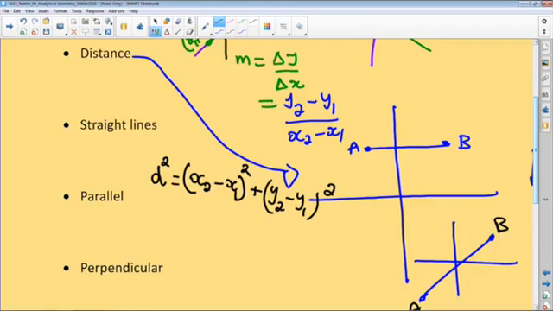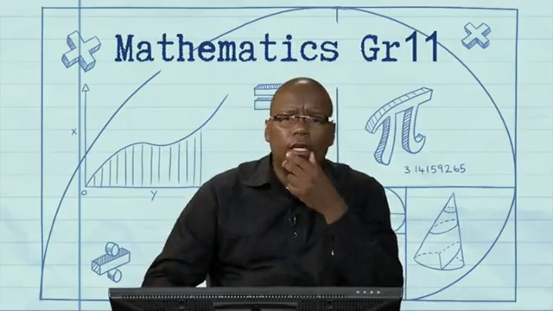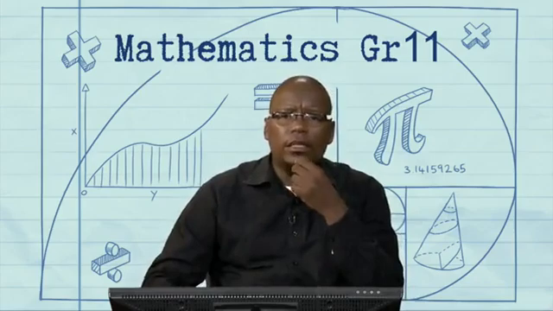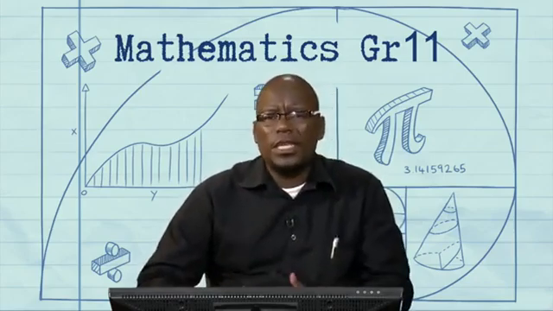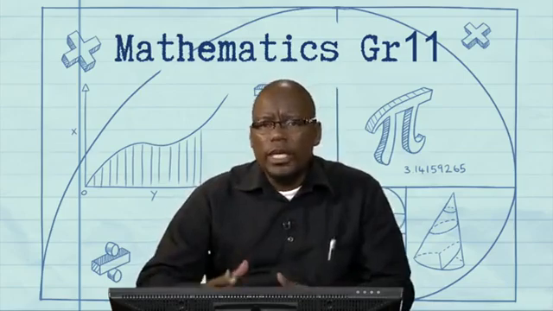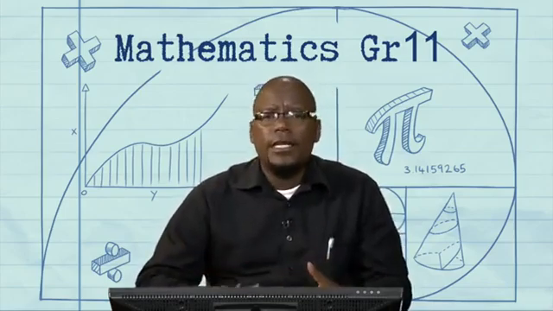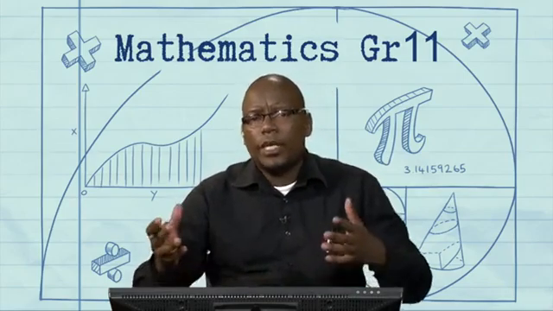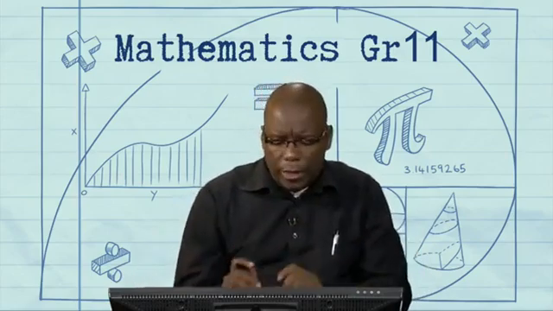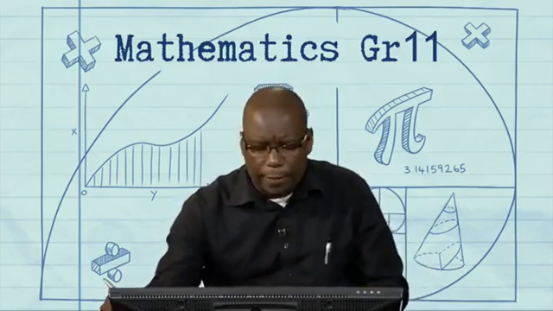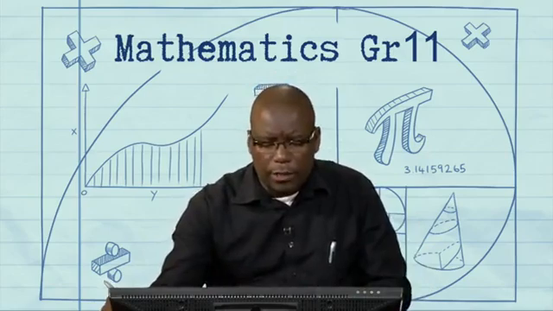But we all know that the distance is always positive. You're not going to tell me you ran negative 16 kilometers. You can say it was 16 kilometers in a different direction, but we never use a negative. So that's your distance formula.